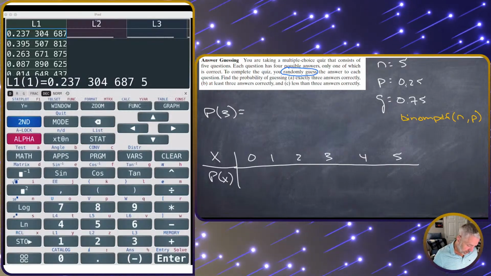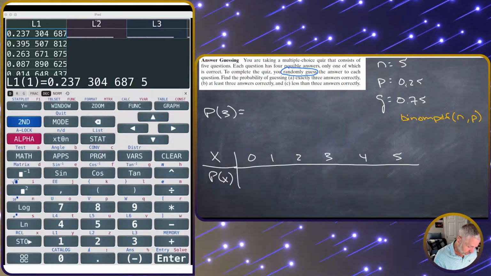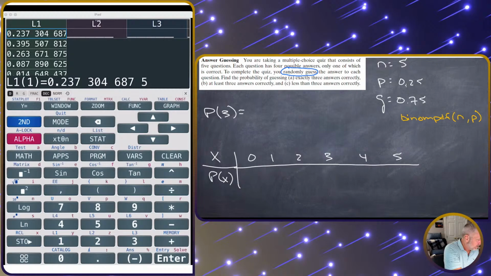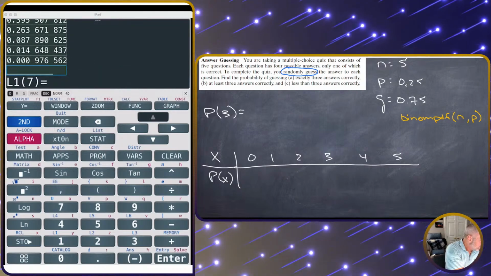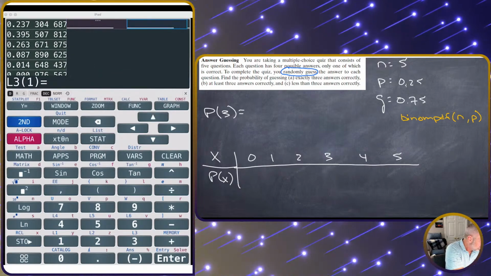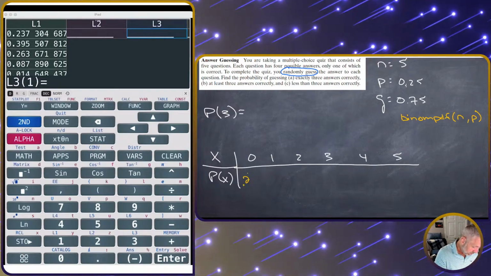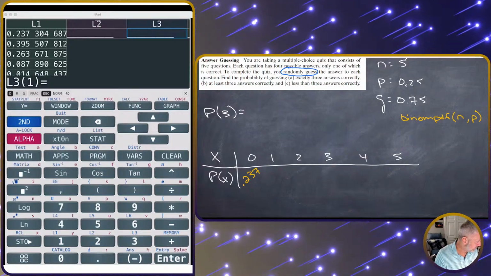So for my first one here, I'll just go 3 decimal places. Let me double check, make sure that's at the top. So the probability of getting none correct is 0.237.